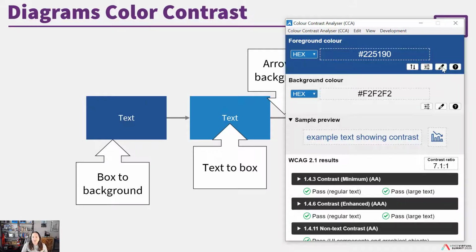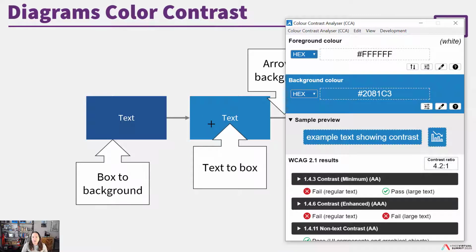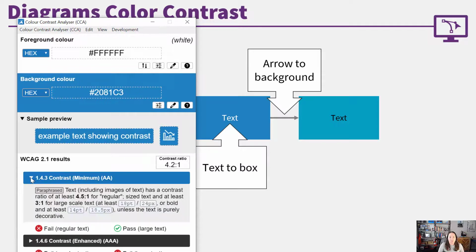If I want to get the text, which happens to be white, to the background, that's 4.2. So that's actually a little low because that's a text to background thing. If my text is very small, that wouldn't be sufficient. If the text is very large, according to Web Content Accessibility Guidelines, that's actually okay if it's greater than 18 point font.